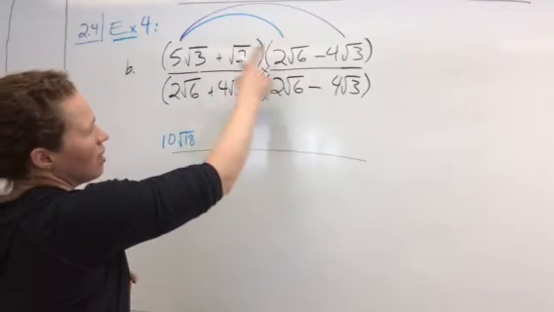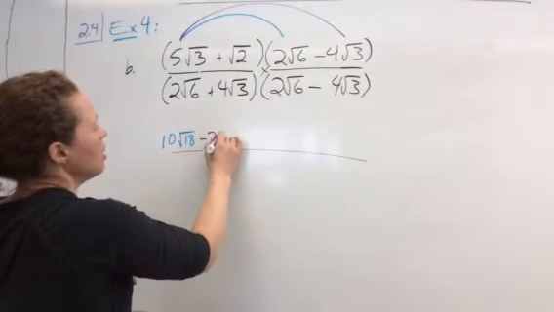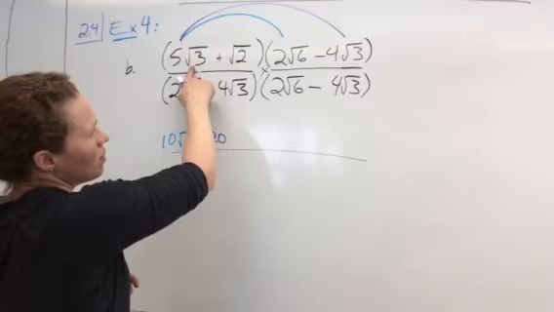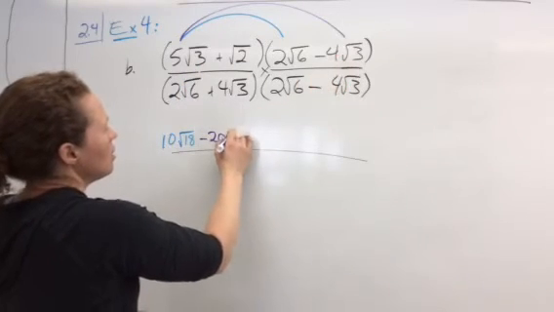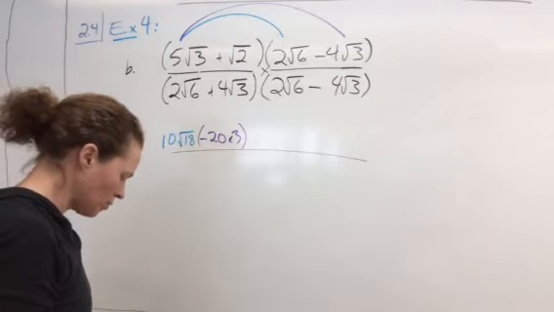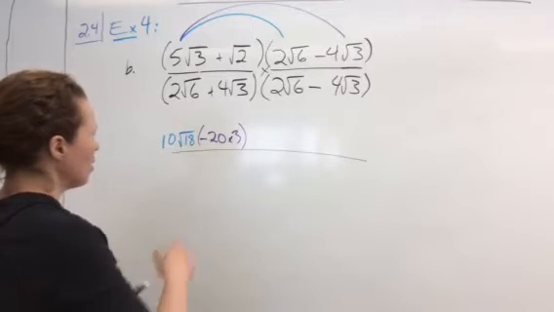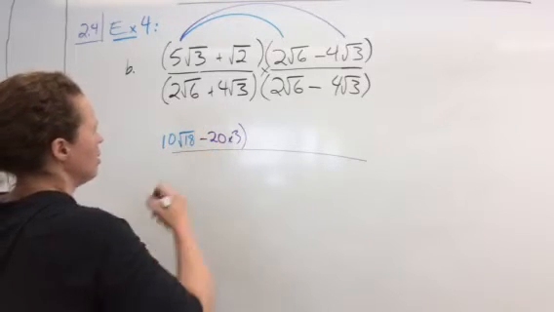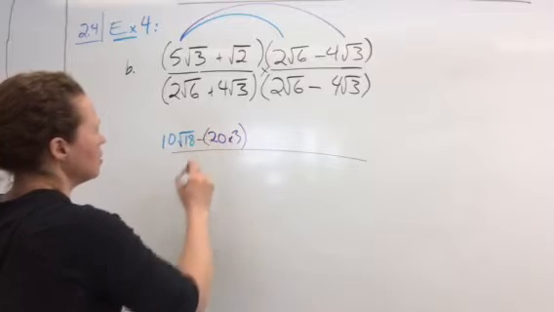Outside, I have 5 times negative 4 gives me negative 20. I have root 3 times root 3 gives me 3, so I'm just going to put that in brackets. Actually, just going to switch that a little. There we go.